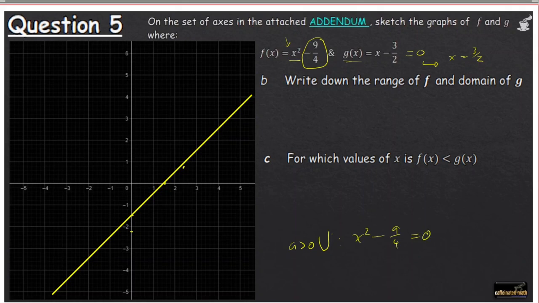Well, we have two options. We can factorize as is, because 9 is a square and 4 is a square. So we'll have x squared, not x squared. I'm trying to factorize correctly, my bad. So that'll be x plus 3/2, and then x minus 3/2, all equal to 0. Therefore, x is equal to -3/2, or x is equal to 3/2.